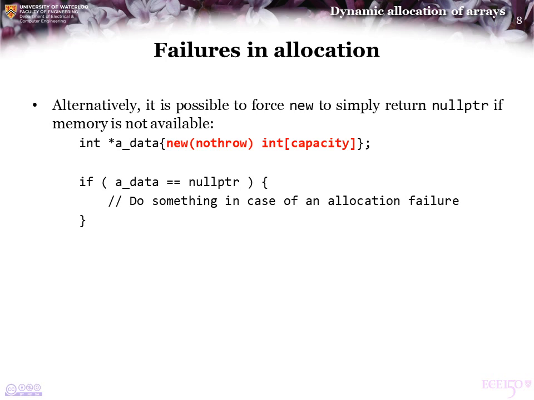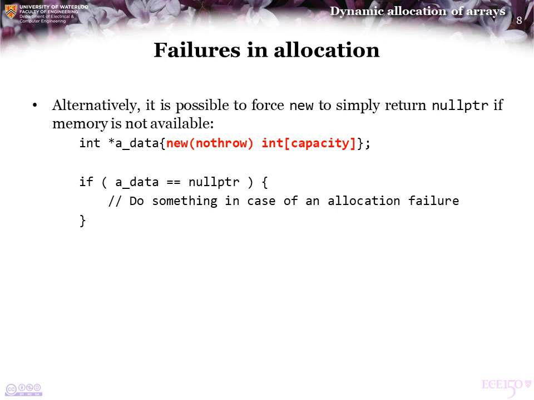Alternatively, it is possible to force new to simply return a null pointer if the memory is not available. So here, for example, we have new, but it's suffixed with a parameter nothrow.